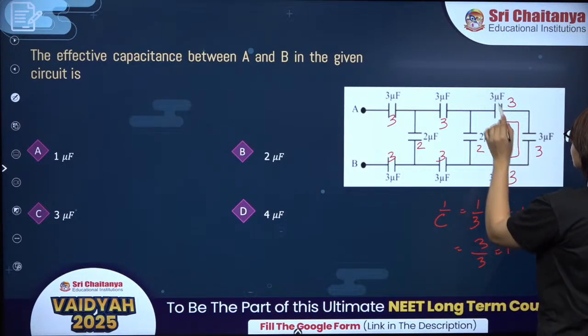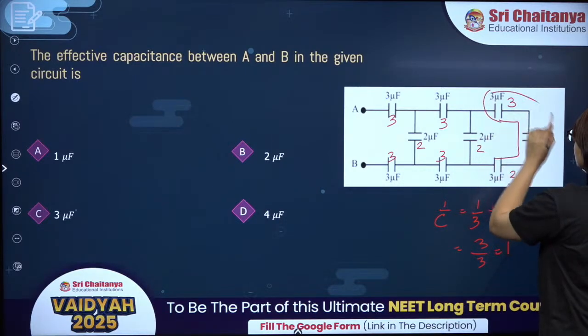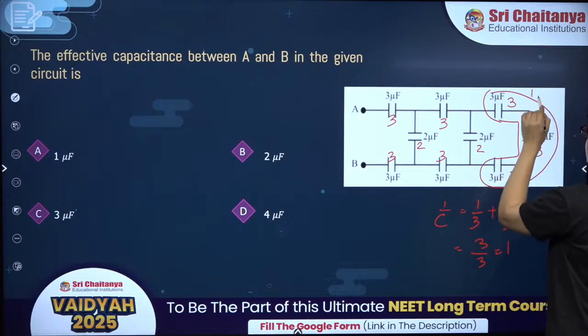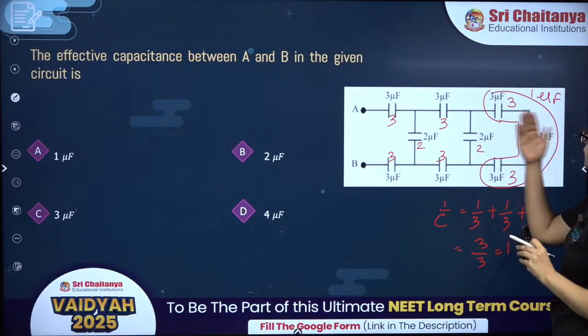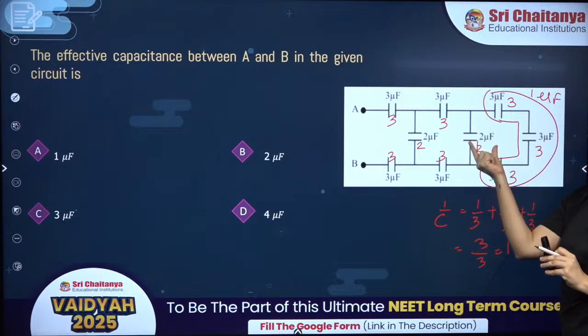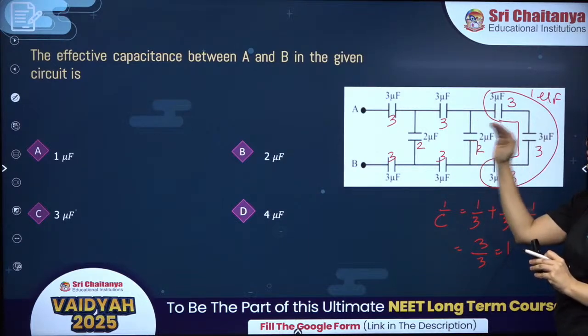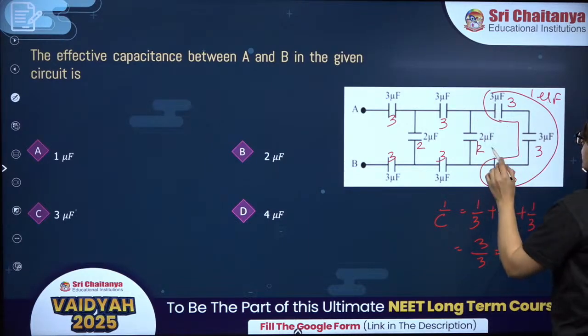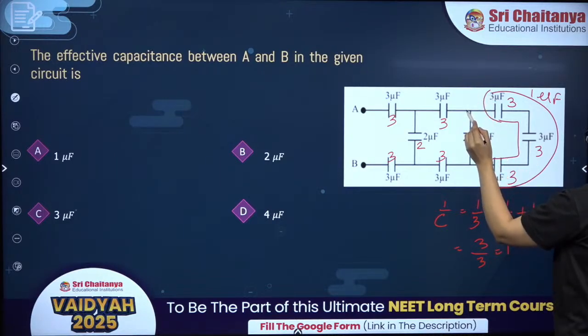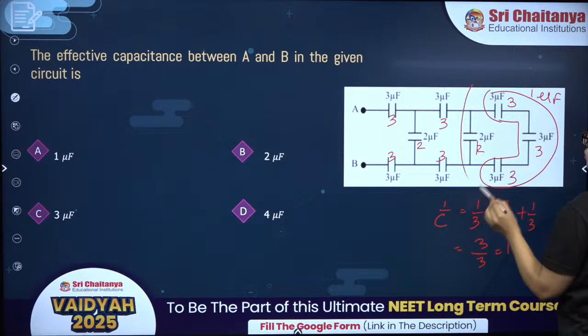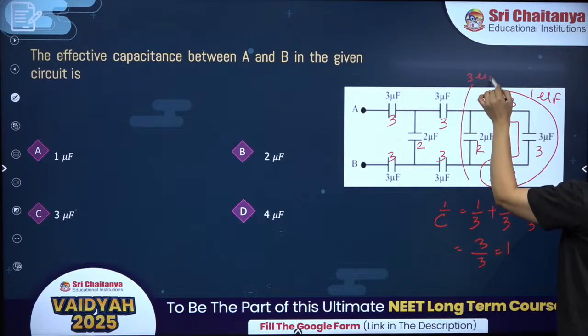So basically this entire combination over here is equal to 1 microfarad. Now this 1 microfarad is in parallel with this 2 microfarad. So 2 plus 1 will be the combination, that is again 3 microfarad. So this combination over here is 3 microfarad.